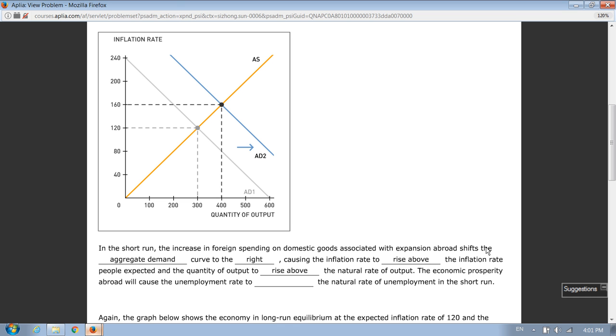The economic prosperity abroad will cause the unemployment rate to fall, because we need to produce more goods and services now. So the unemployment rate will fall below the long-run equilibrium, the natural rate of unemployment.